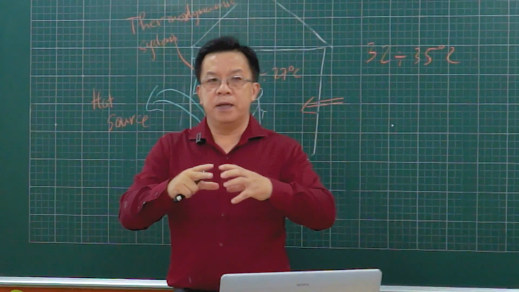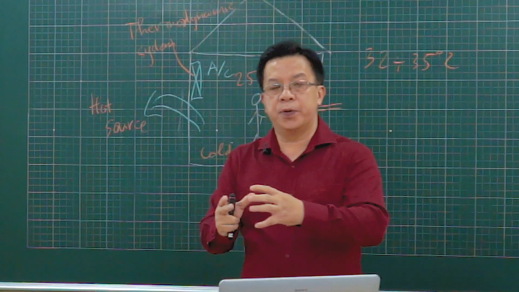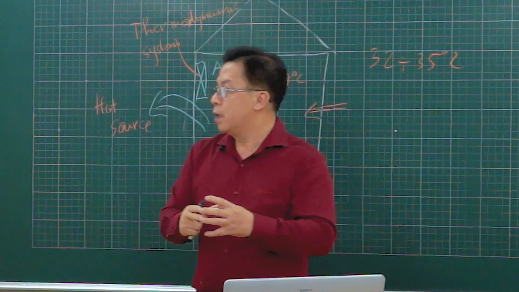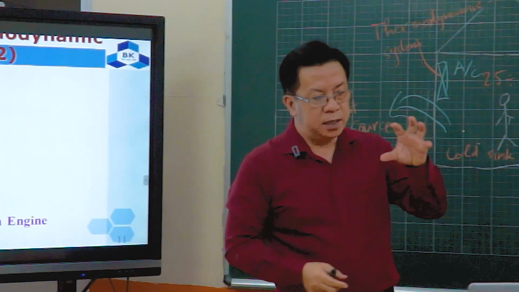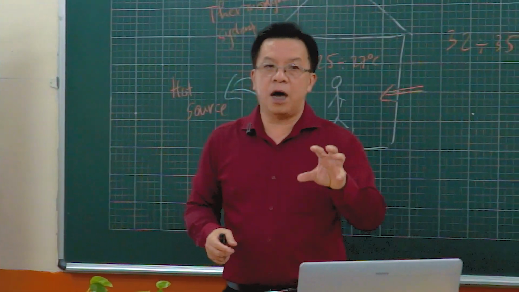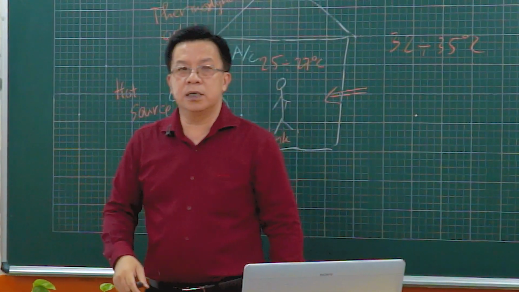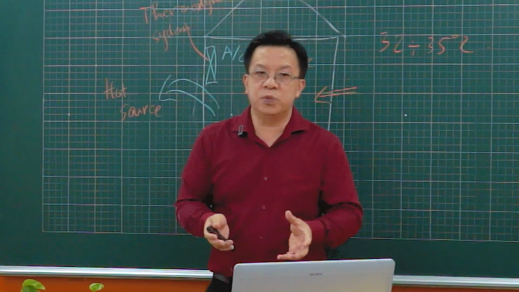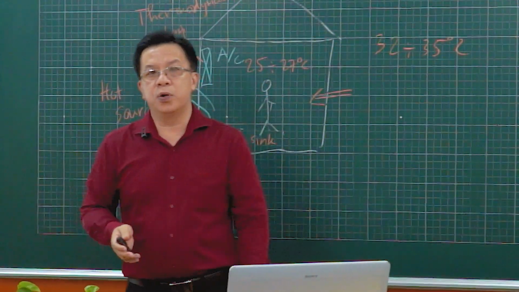So the mixture of the air and the petrol is the substance. And of course, when it works, the engine is hot. So inside the combustion engine is the hot source. And the environment surrounding the engine, the atmosphere with lower temperature, is the cold sink.